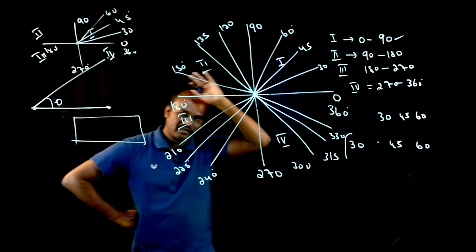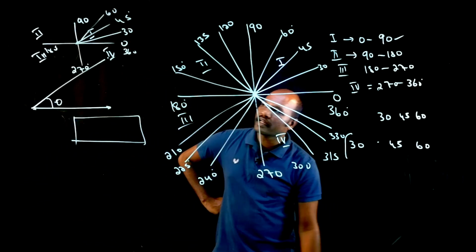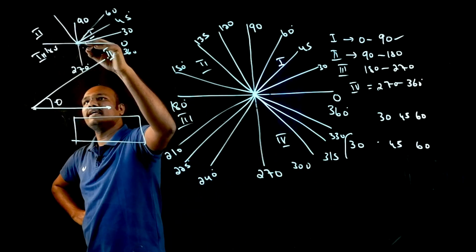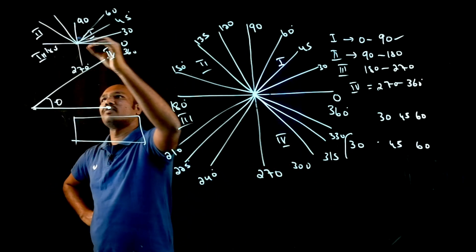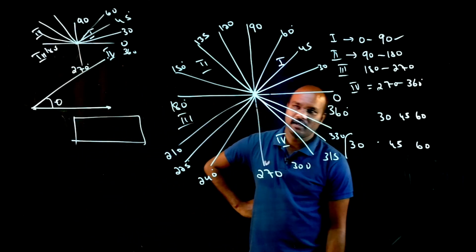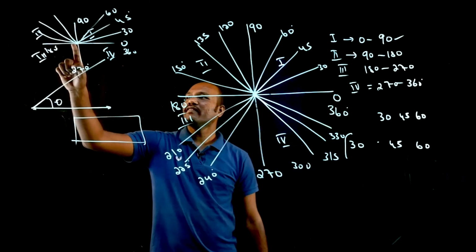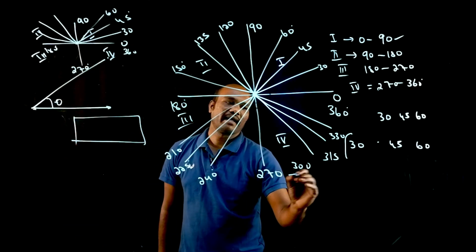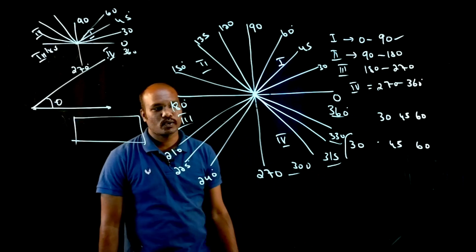The first quadrant's important angles are done. The second quadrant's important angles start from 90. 90 plus 30 is how much? 120. 90 plus 45 is how much? 135. 90 plus 60 is how much? 150. The same way, 180 plus 30, 180 plus 45, 180 plus 60. These are the most important angles. Is that okay?